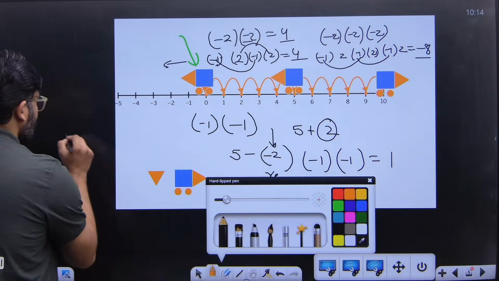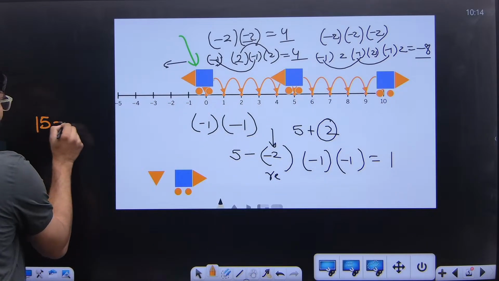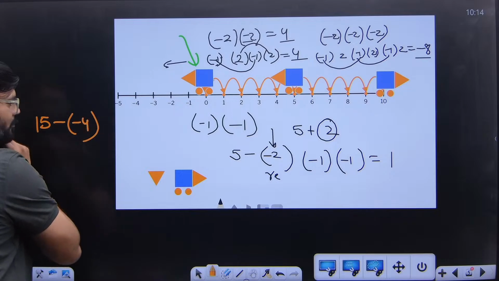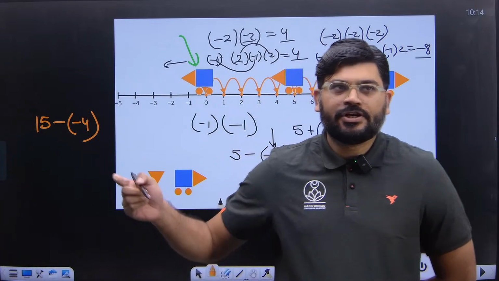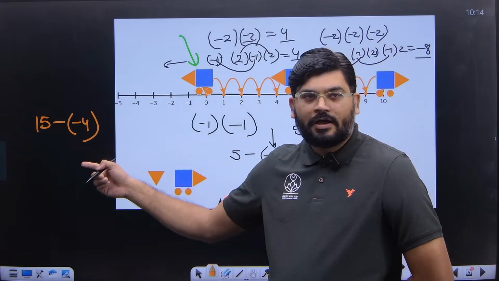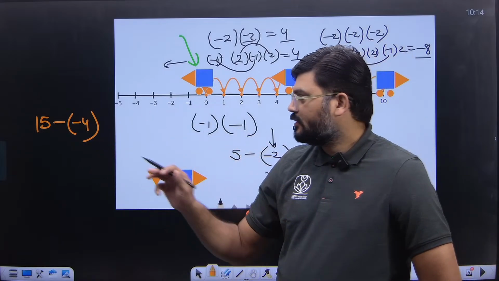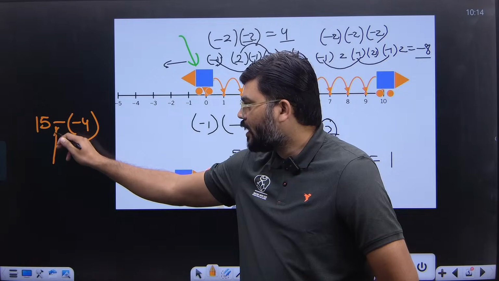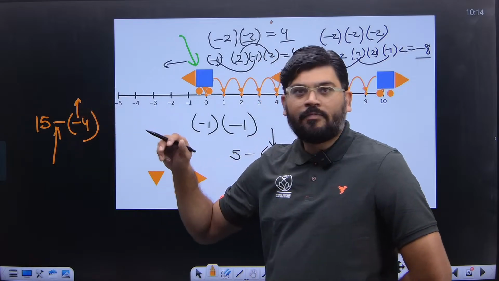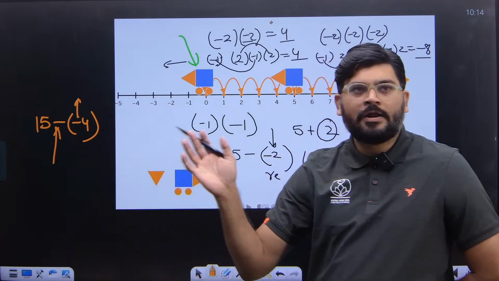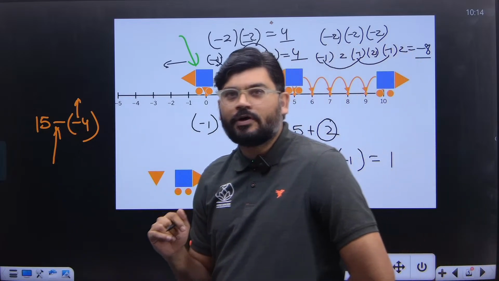The question is 15 minus 4. Think where you are sitting, in which direction you have to move, where you are facing. This means where you are facing. This means you are moving forward or backward.